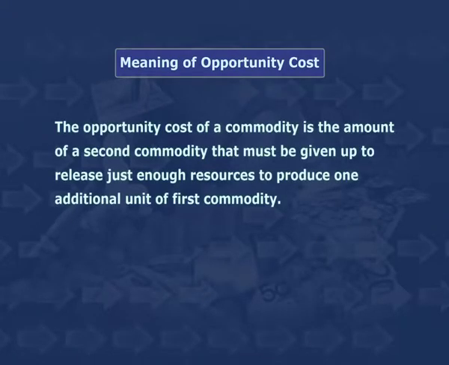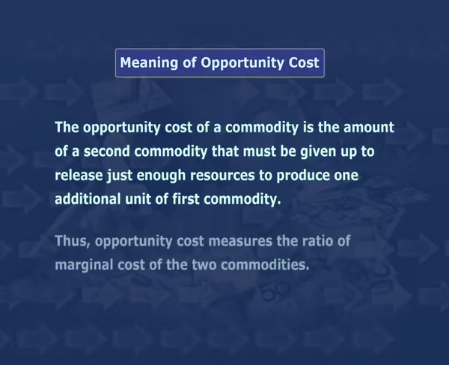The opportunity cost of a commodity is the amount of a second commodity that must be given up to release just enough resources to produce one additional unit of the first commodity. Thus, opportunity cost measures the ratio of marginal cost of the two commodities.